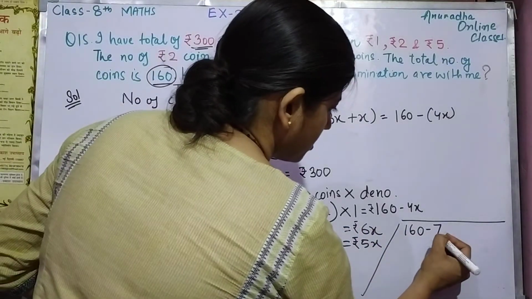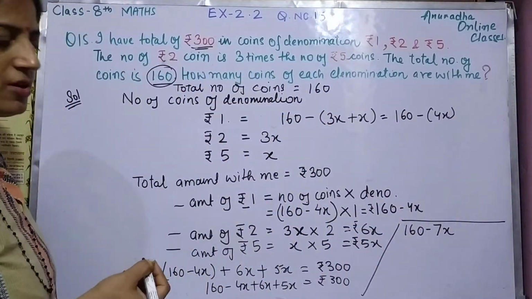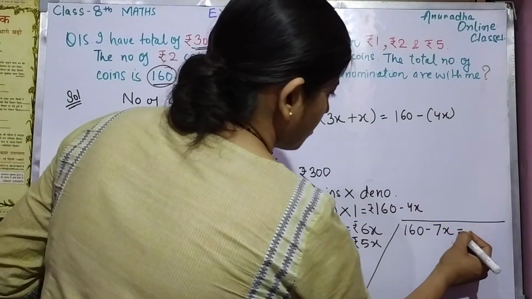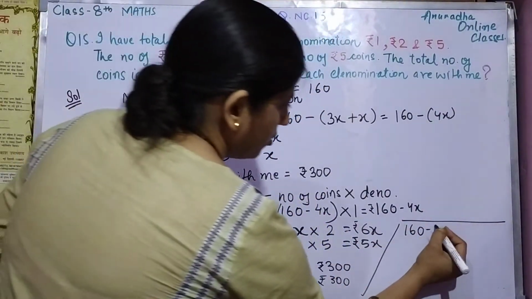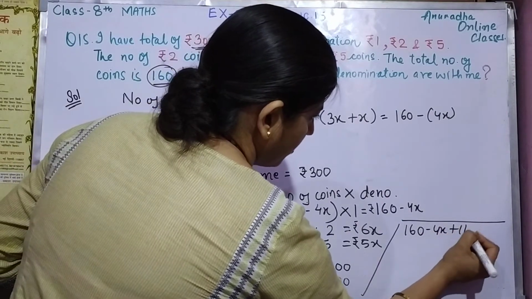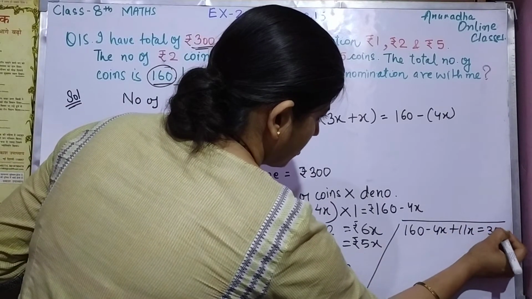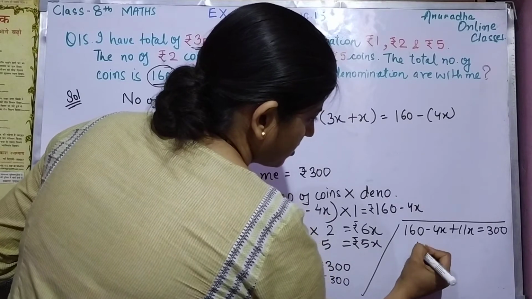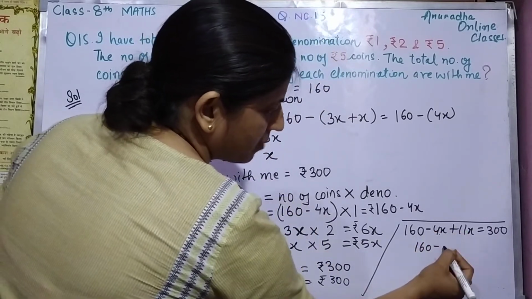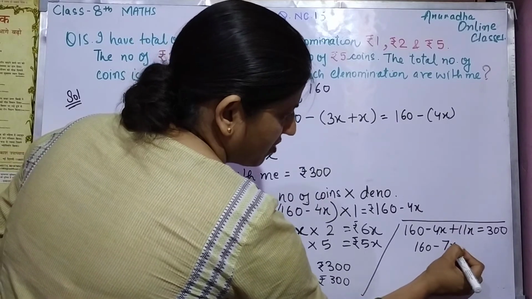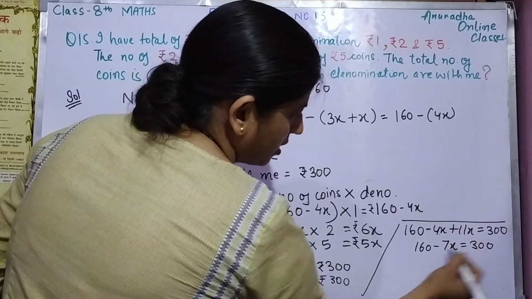So this is minus 7x. Right? Now this is equal to, or you can do like this also. 11x, that is equal to 300. Then 160 minus, this one say minus plus minus करेंगे, that is 7x, that is equal to 300.